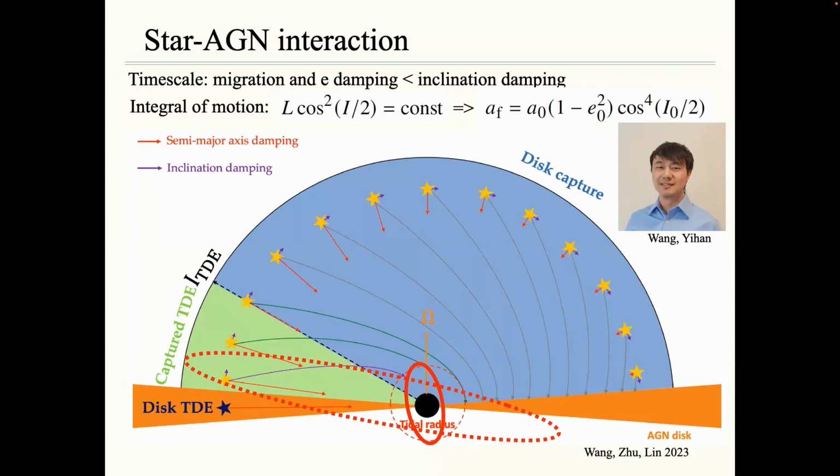We haven't done hydro simulations. This is just based on dynamical calculations of how the orbit will change if you interact with the AGN. But the bottom line is that the eccentricity damping timescale is smaller than the inclination damping timescale. So it will be circularized very quickly, even if initially it's very high eccentricity. Then they have this slow process of gradually moving to the tidal disruption radius. So the signature of this tidal disruption could be very different from the normal TDE, because it's like a low eccentricity version of the normal one. We don't know exactly how it works, but it's an interesting extrapolation to normal TDEs.